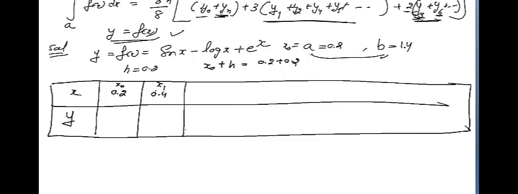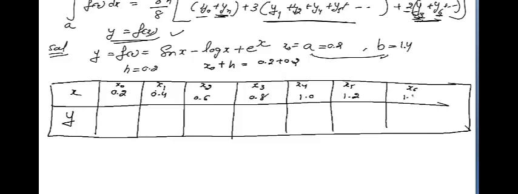Next x2 is 0.6, x3 is 0.8, x4 is 1.0, x5 is 1.2, and x6 is 1.4.